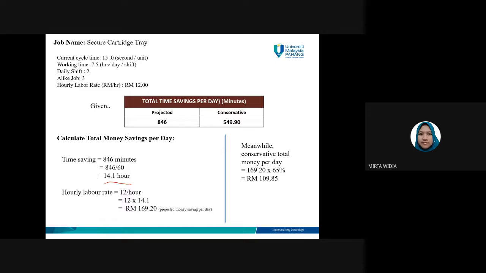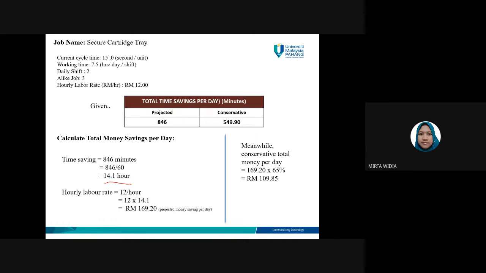Okay. Sedangkan contohnya di sini dia bagi hourly labor rate tu kita kira per hour. Contoh ini adalah company yang membayar pekerja tersebut per jam. Okay. Kalau kita tadi boleh saving 14.1 hour dengan cara yang projected tadi, berarti dah mengurangi jam kerja pekerja tersebut kan.